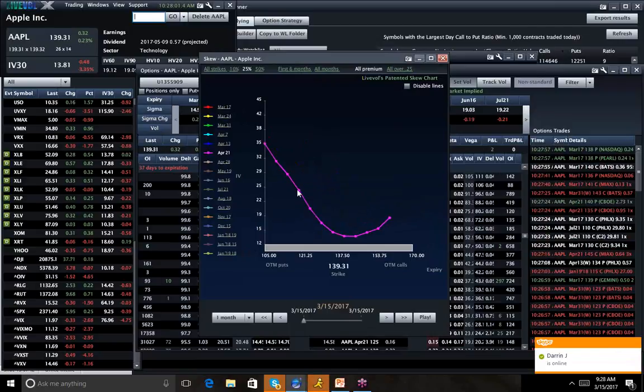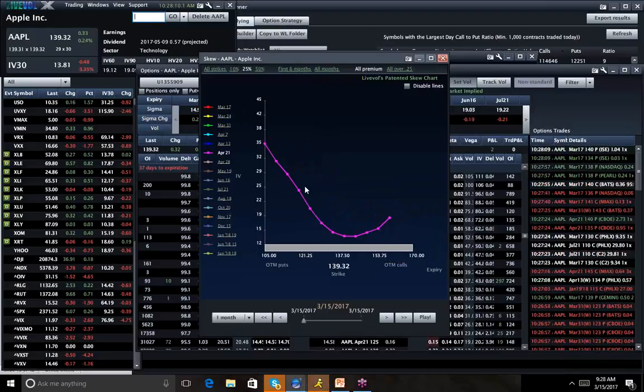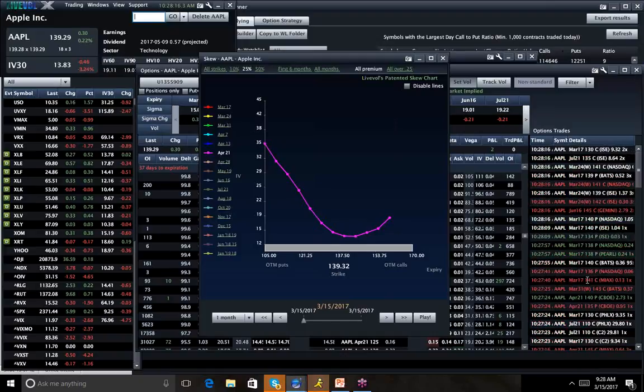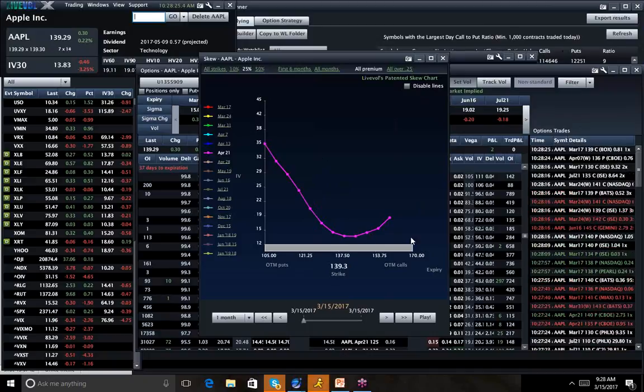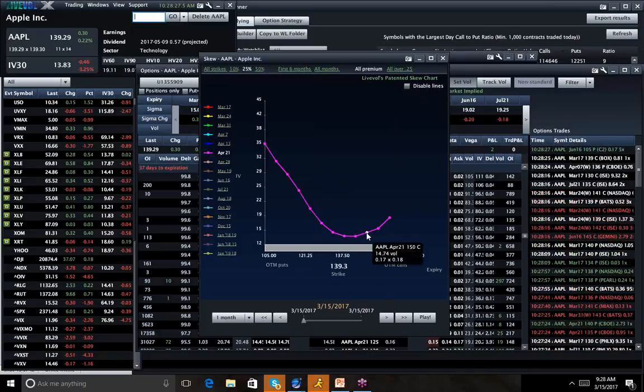Do you see anything off with the 115 puts? Do you see anything off with the 150 calls? Just visually. Do you see anything off visually with the 150s and the 115s?